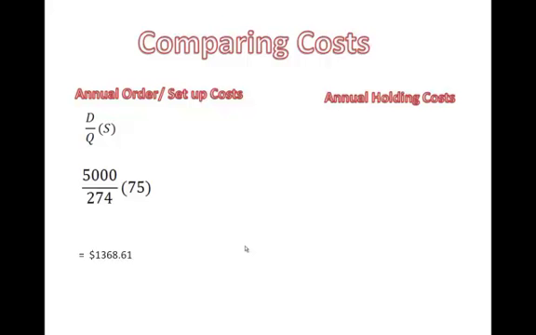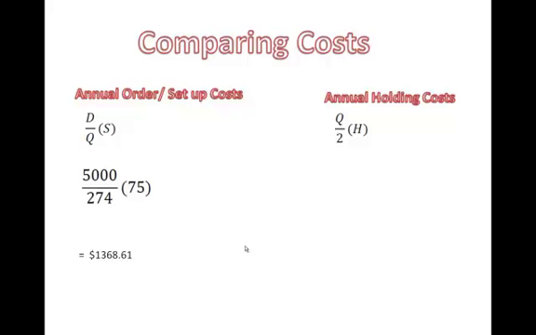We can compare this to our annual holding costs. The formula to calculate our annual holding costs consists of our order quantity divided by 2 and multiplied by our holding cost. We use Q over 2 to figure out what our average inventory is, because at any particular point in time, we'll tend to have about half of our order size on hand.